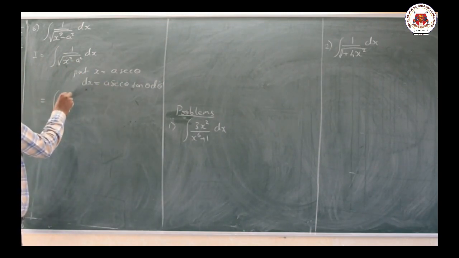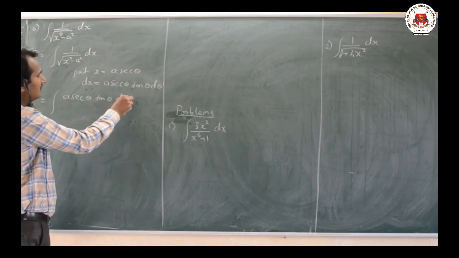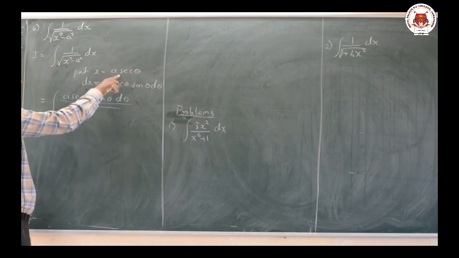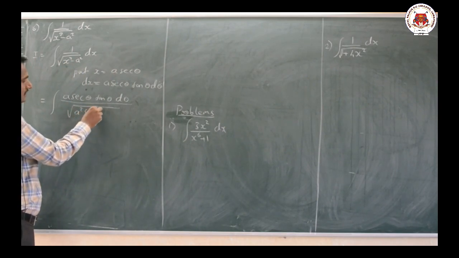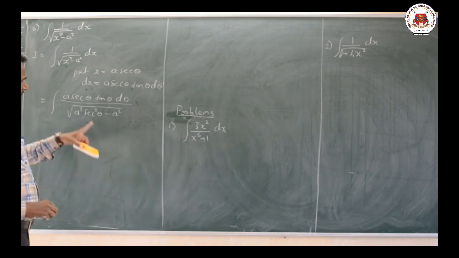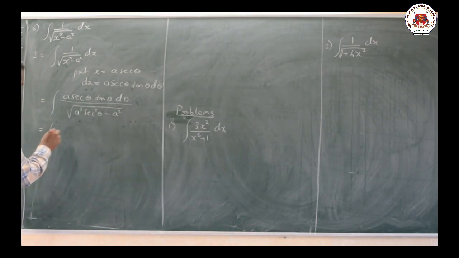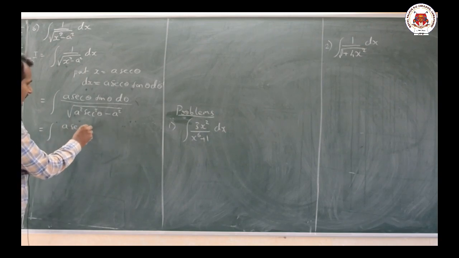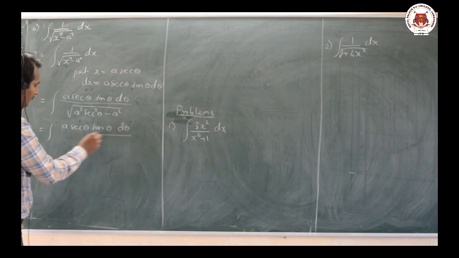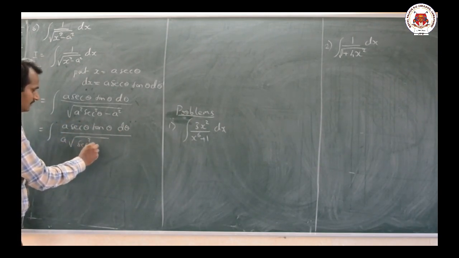So dx is a into secant theta tan theta d theta, whole divided by root of x square, which means a square secant square theta minus a square. Now if I take a square common and take it outside, it is a secant theta into tan theta into d theta whole divided by a into root of secant square theta minus 1.